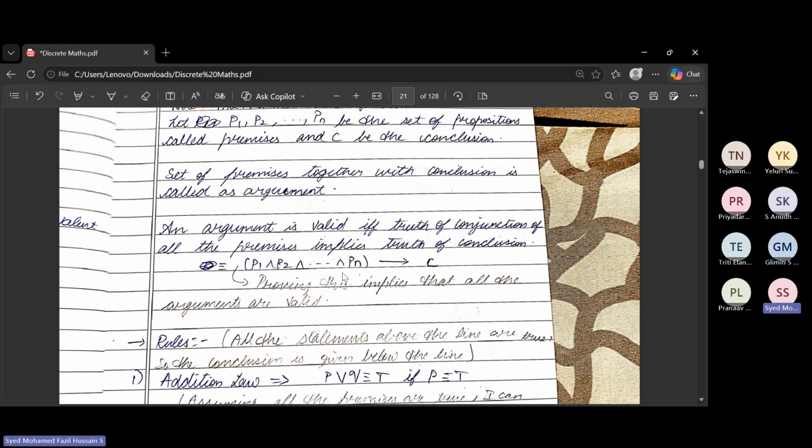That is, if we take the truth of P1, P2, P3 using and in all these premises, it must give the conclusion. Proving this implies that the argument is valid.